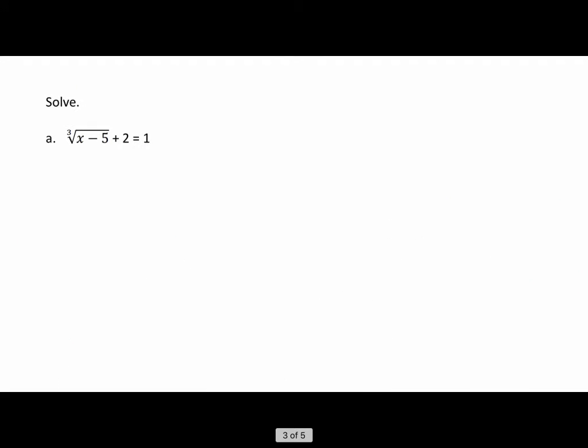Another problem here, I've got my radical on the left side, and there's another term over here, so I need to opposite that term, so the radical is the only term on that side. So cubed root of x minus 5 on the left side. 1 minus 2 on the right is -1. And that's okay.